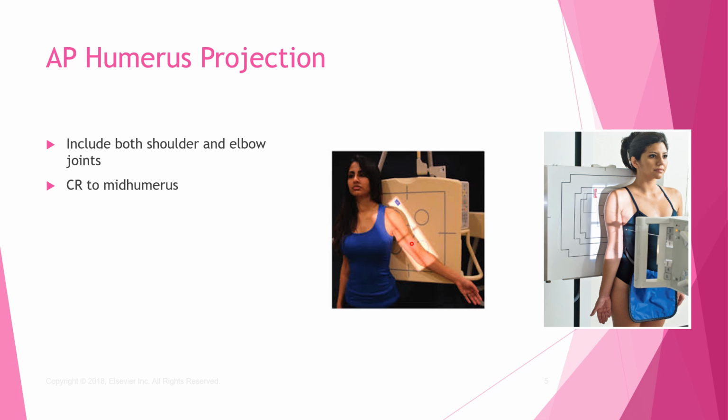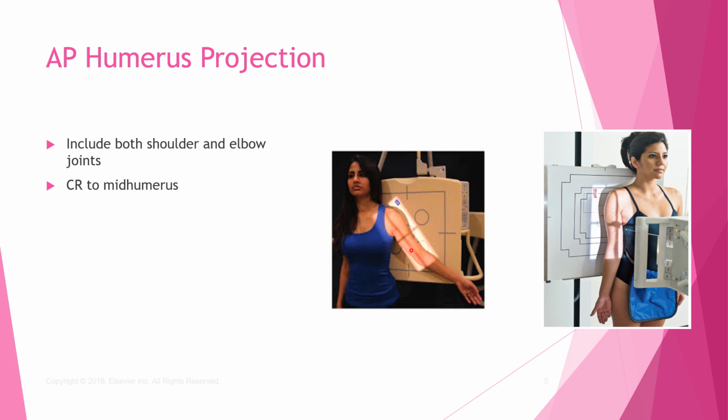Ideally you may have to rotate their body towards the affected side so that the shoulder and proximal humerus are in contact with the image receptor or with the wall bucky. You align the humerus with the long axis of the IR in this one, but it is acceptable to have it diagonal for this particular image.